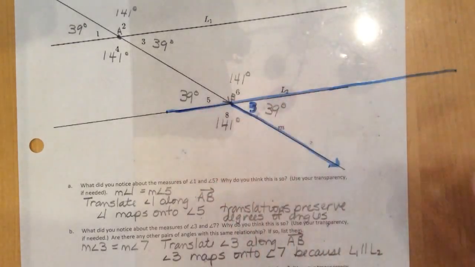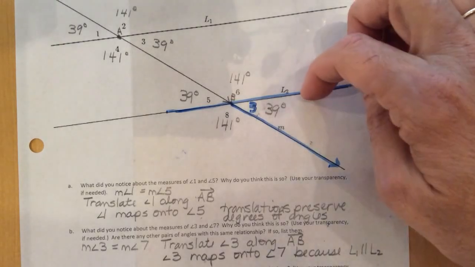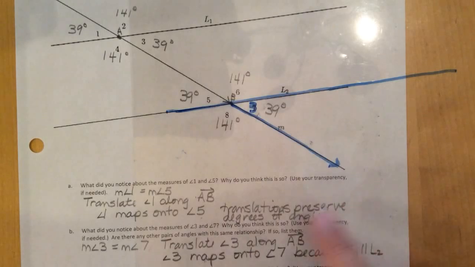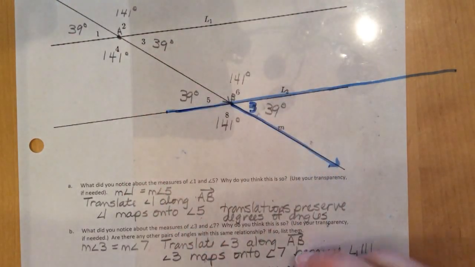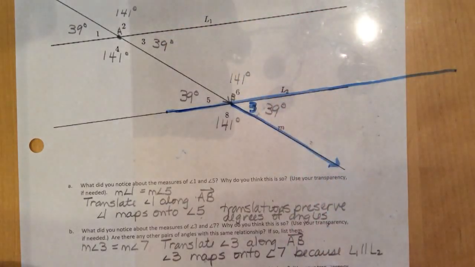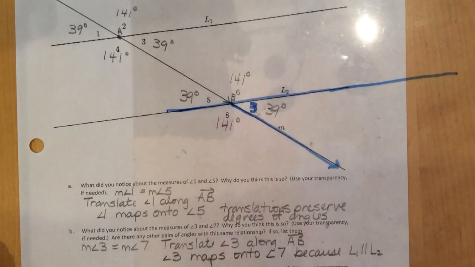This line is going to coincide. The translation of L1 is equal to L2. And this line here is along line M. It coincides as well. So these angles will have to be the same because the angle is preserved and maps directly onto the other one. So angle 3 is equal to angle 7.